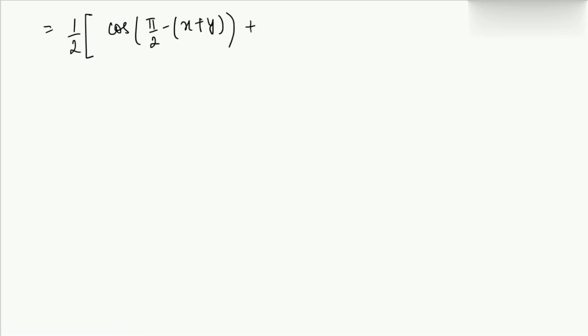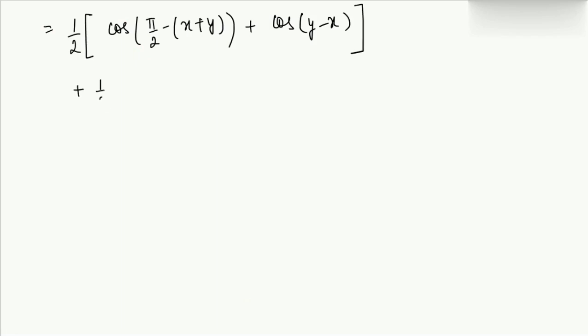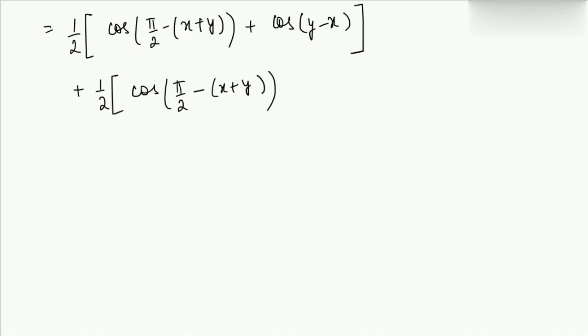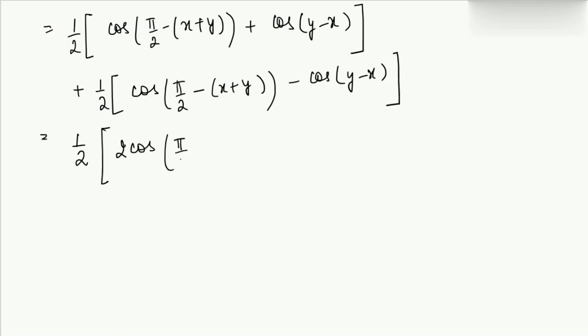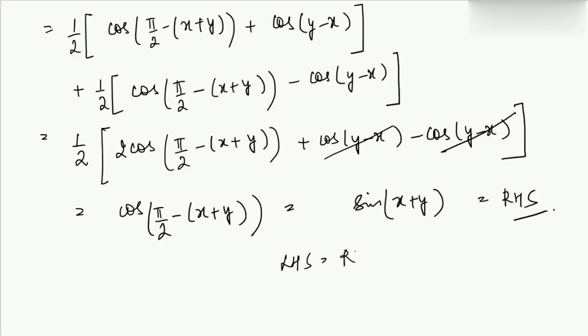So when we open the brackets, first of all we'll get cos (π/2 − x − y) + cos (y − x). The second part will contain cos (π/2 − x − y) − cos (y − x). So when we open the brackets, we'll see cos (y − x) will cancel out, left with cos (π/2 − (x + y)), which is sin (x + y), and hence proved.